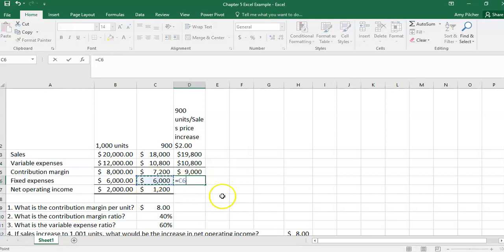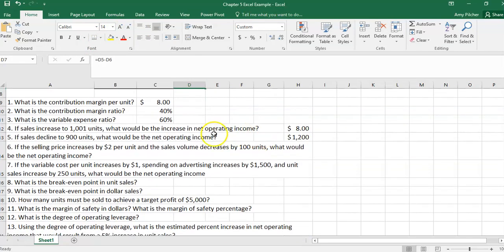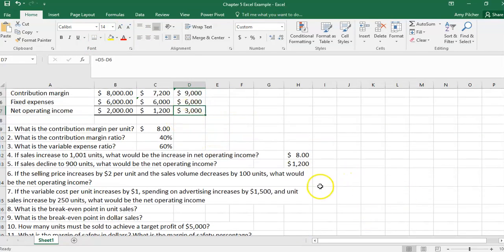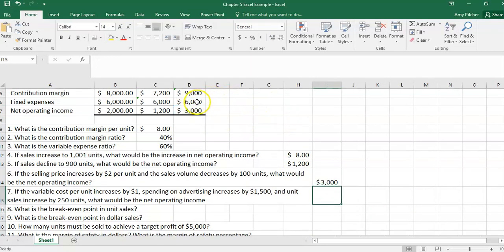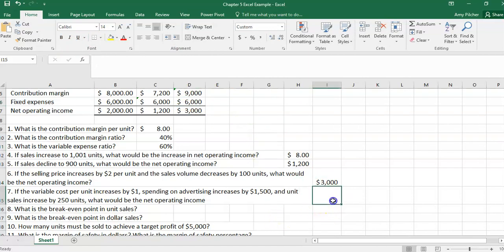Fixed costs stay the same. So increasing our sales price, even if our sales goes down, our operating income is going to increase.